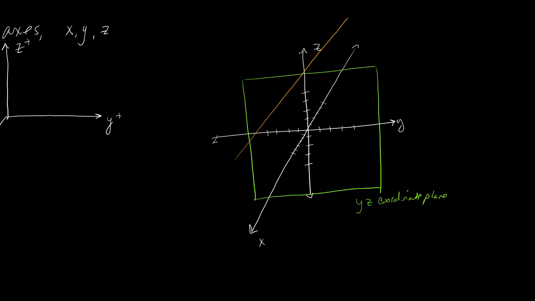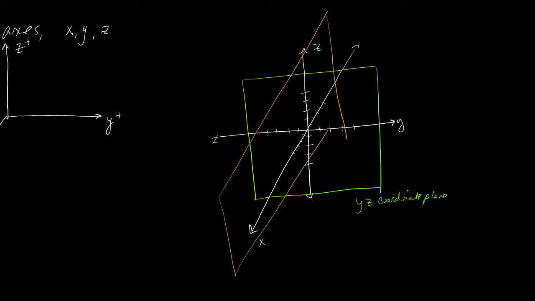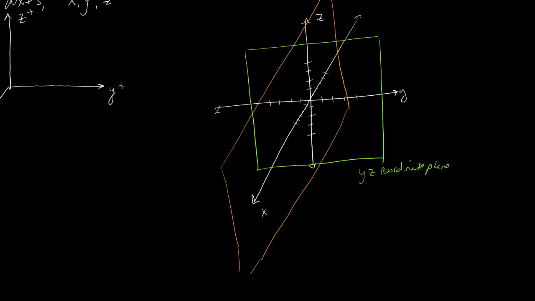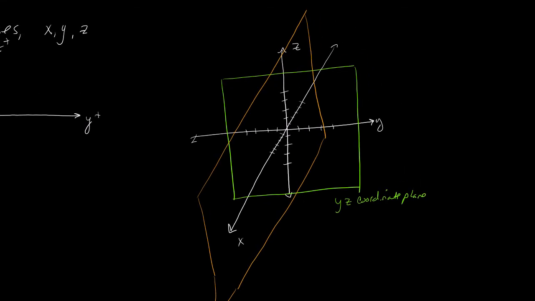Oh, that was awful. One more time. Try to keep it parallel as possible. Okay, that was, again, absolutely awful. There we go. Not an artist. Definitely not an artist. So that's our XZ plane.